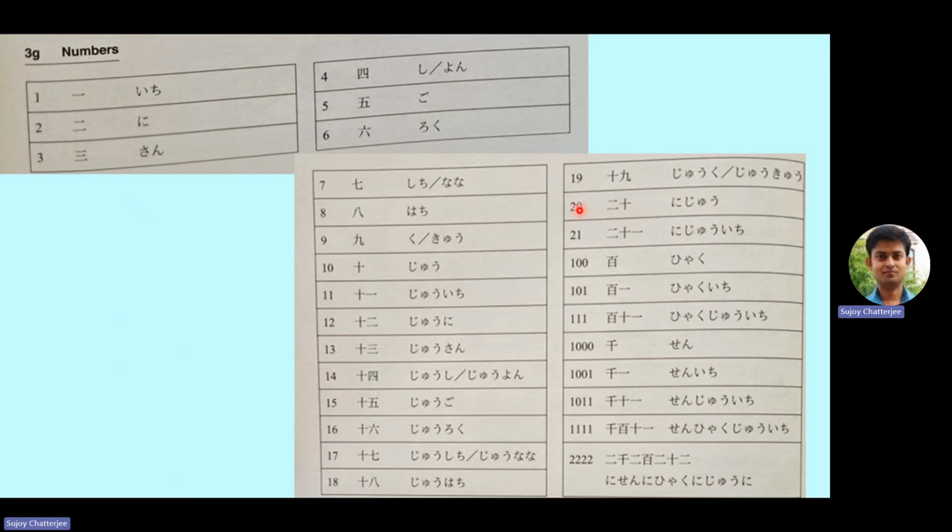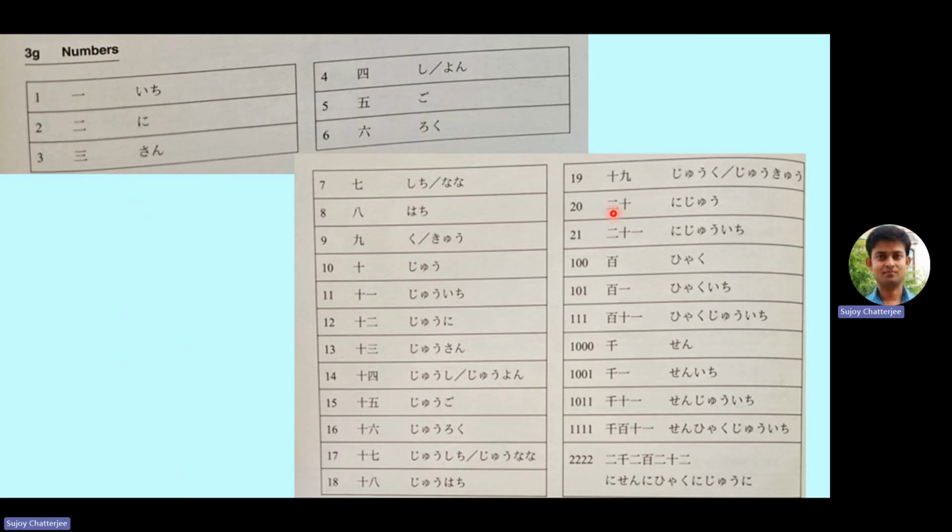So now since it is 2 multiplied by 10, that means the numeral 2 will appear before the numeral 10. So numeral 2 followed by 10 will imply 20, niju. Look here, 10 followed by 2 will mean 12. So that means the tens place you have to multiply with 10 and then add the units place.